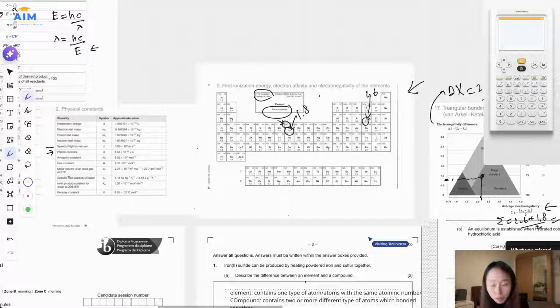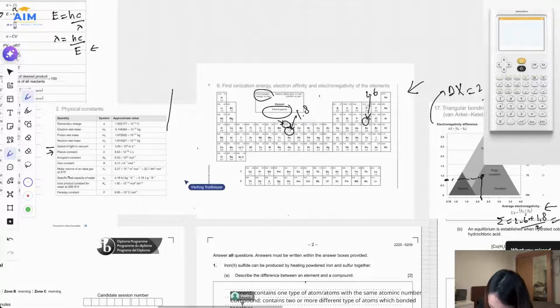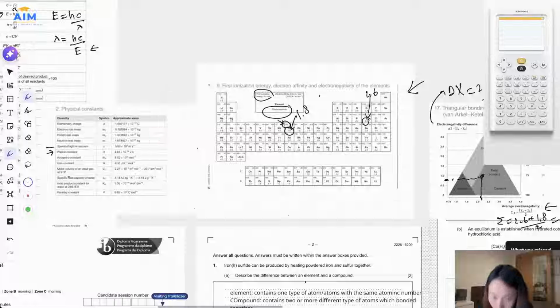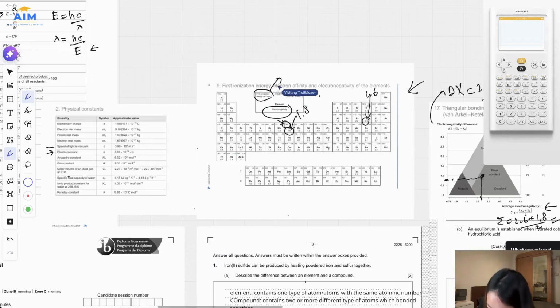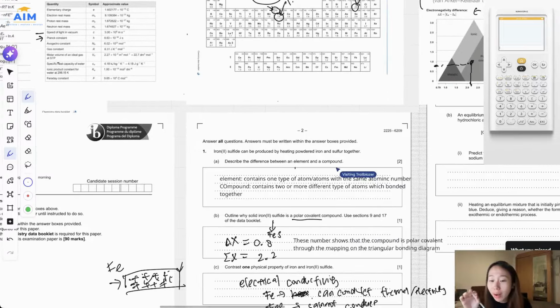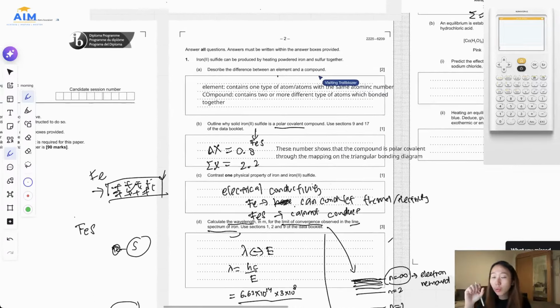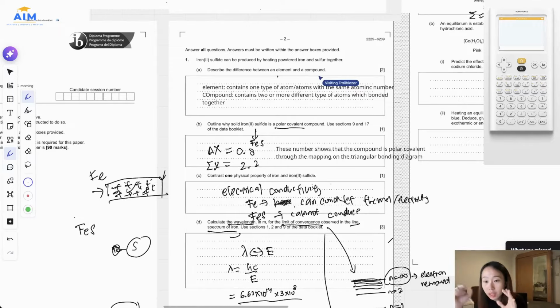But then you need to take note. If you see the unit here, it is actually kilojoule per mole. So it's 762 kilojoule per mole. But the energy we want is for one atom, because when the electron is removed, it's only for one atom.